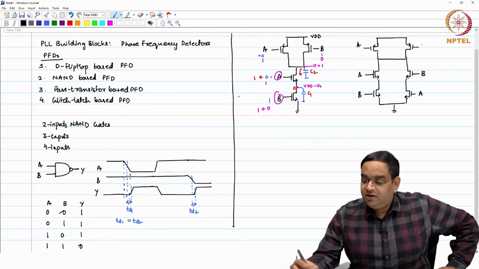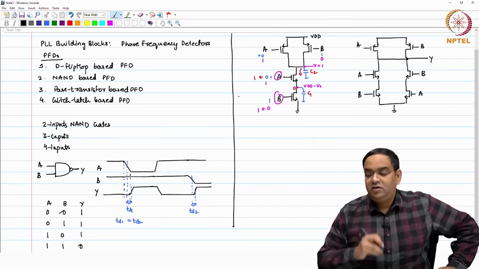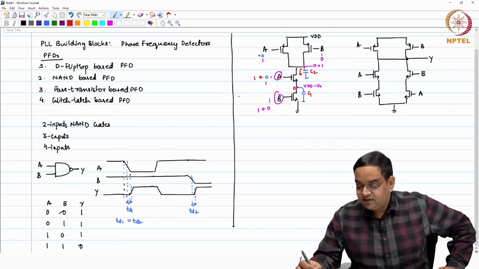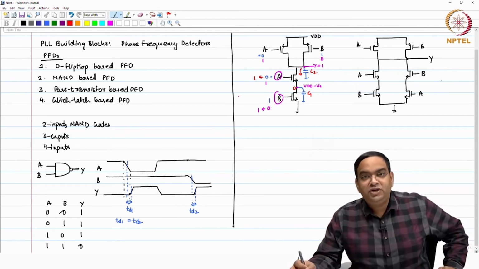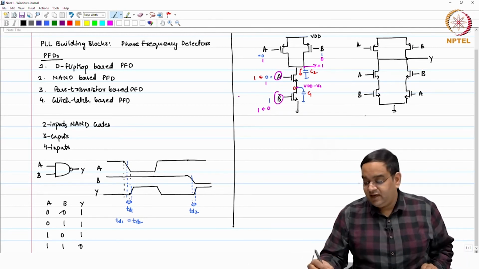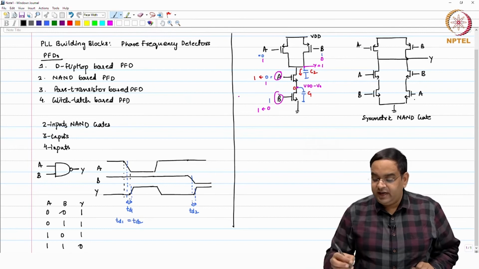So, then if the transition is triggered at Y from high to low, then whether A triggers the transition or B triggers the transition, it is going to be the same form for A and B to output. Okay. So, you can say this is like a symmetric NAND gate.